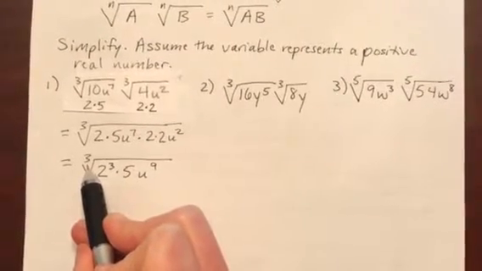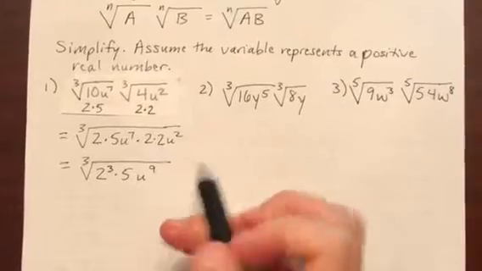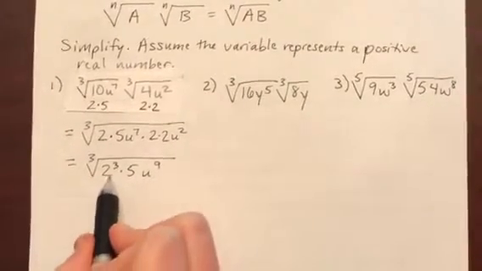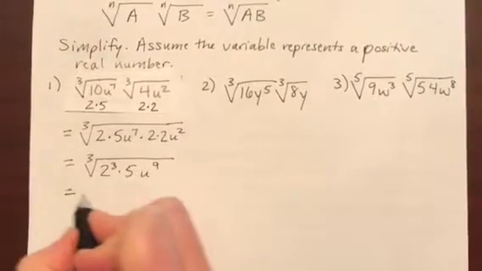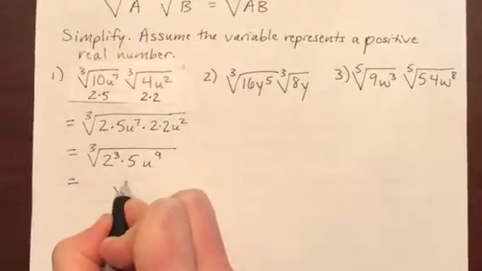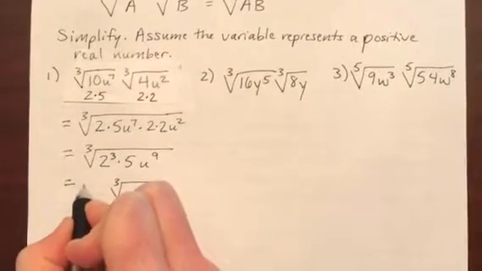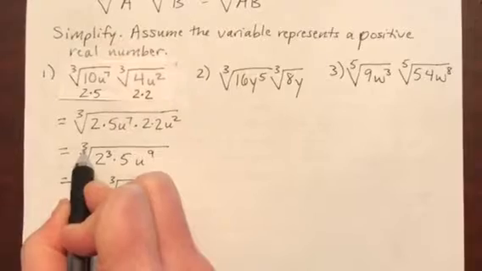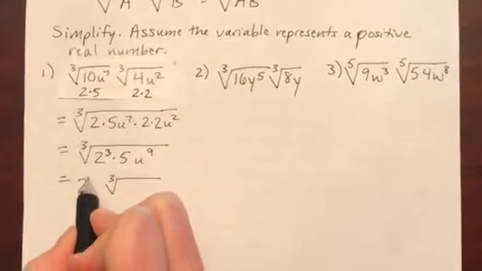And so as long as there are 3 copies of something, it would come outside the radical as a single copy. And so there's 3 copies of the 2, and so that comes outside the radical as a single 2. So we think of that as 2 to the 3 divided by 3, or 2 to the first power.